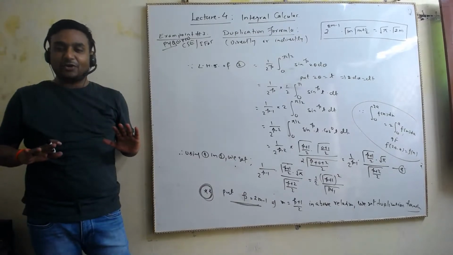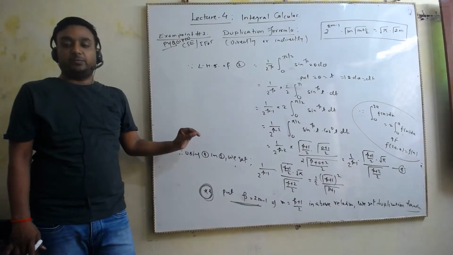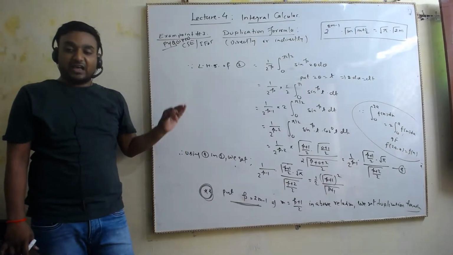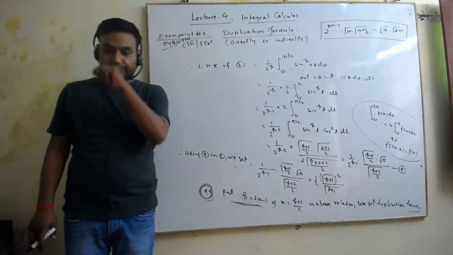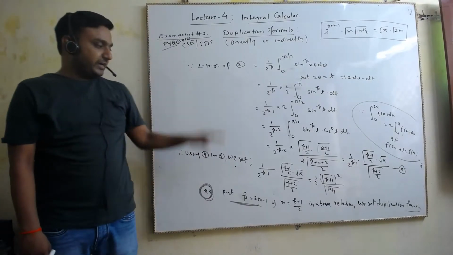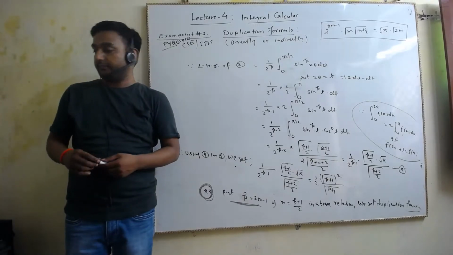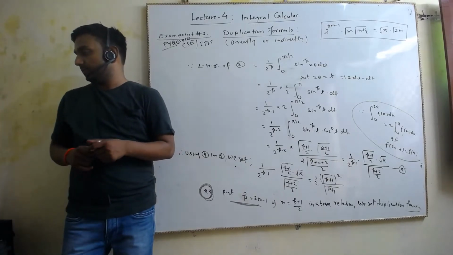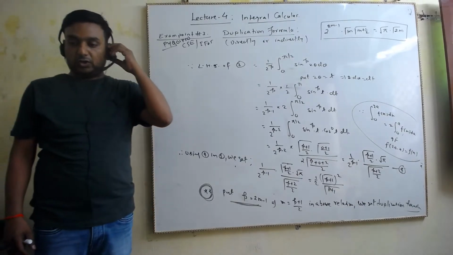I have done my job. I have clearly stated what to remember out of this duplication formula, because in the exam hall, definitely you will have such questions. Is that clear to you all? Quickly note this down, note down fast.